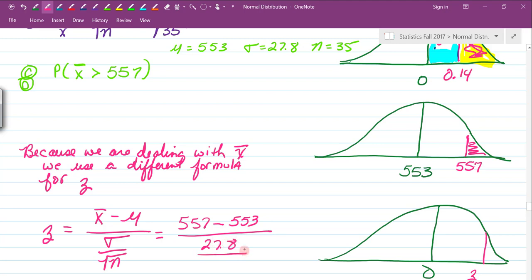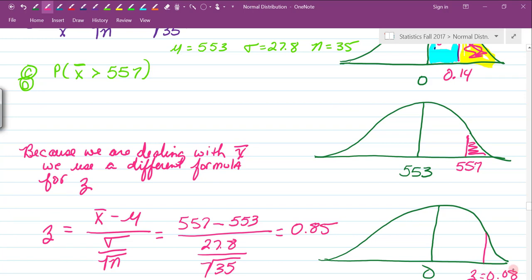And when we put that in our calculator, it's going to equal 0.85. I want you to pause the video right now and calculate that. This is equal to 0.85.